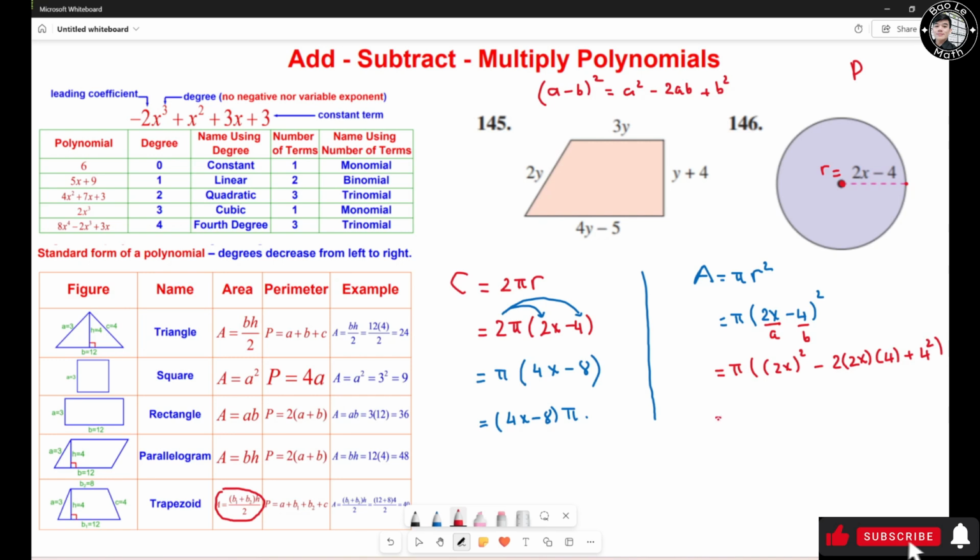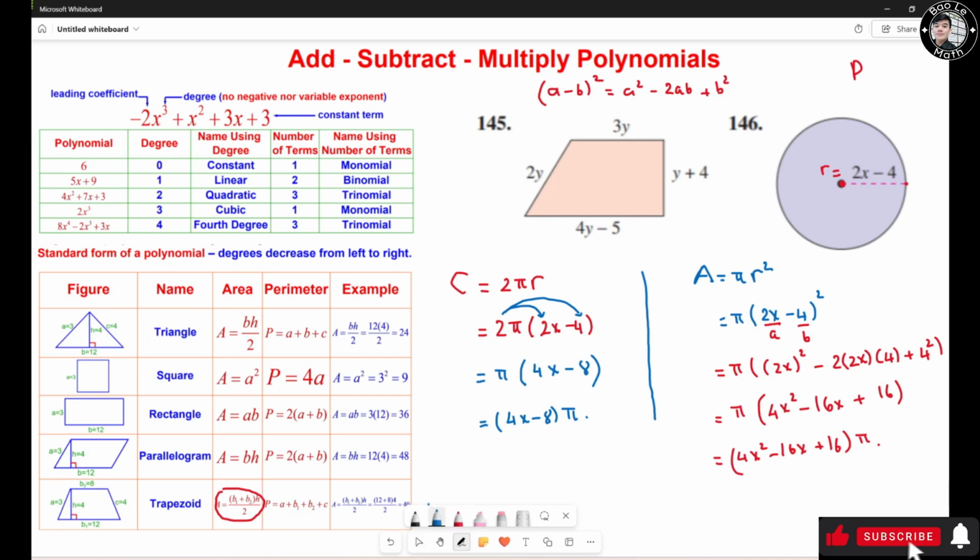Alright, now I simplify this one. It's going to be pi, parentheses, 2 squared is going to be 4, s squared is going to be s squared, minus 2 times 2 is going to be 4, 4 times 4 is 16, so 16s, plus 4 squared equals 16. Alright, so the final answer is 4s squared minus 16s plus 16 all together times pi, right?